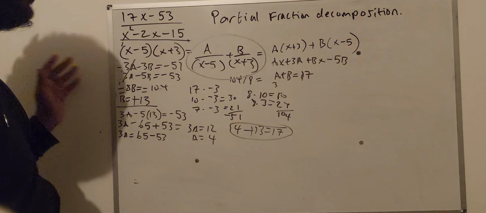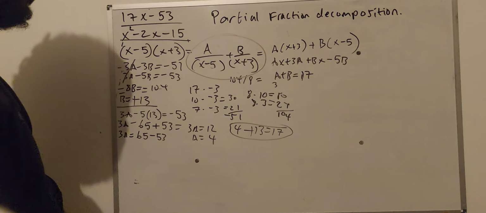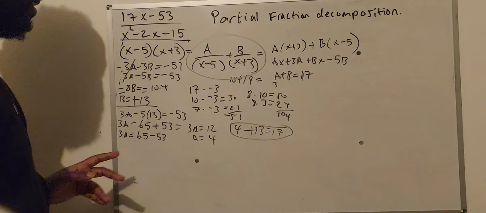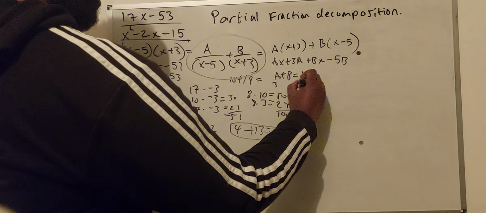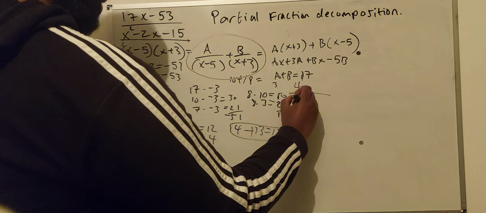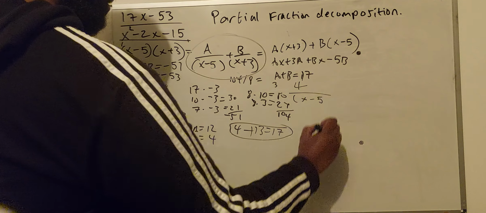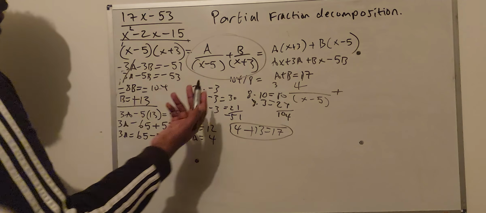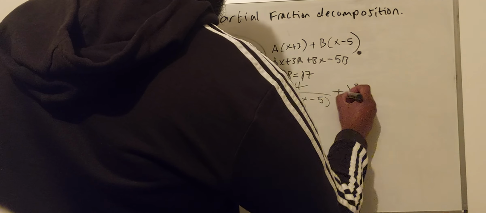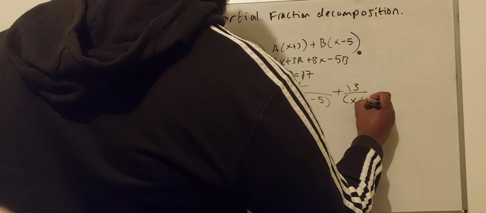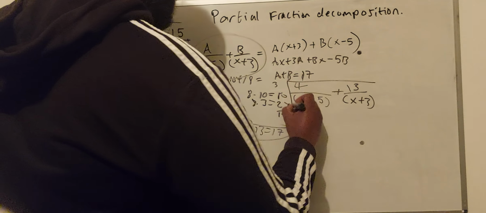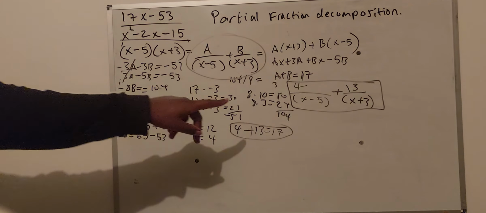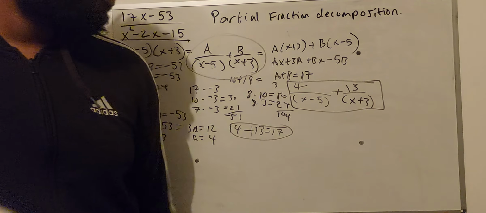I would finish the entire question completely, and then I would miss a mark just because I didn't write the question in the form 4 divided by x minus 5 plus, what's b? 13 divided by x plus 3. This is the final answer. There you go, guys. 4 divided by x minus 5 plus 13 divided by x plus 3.